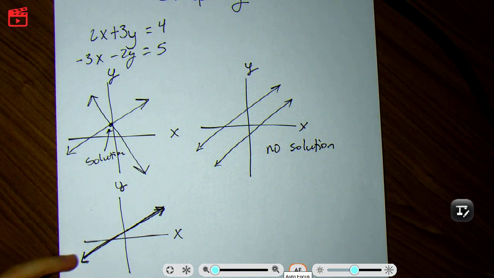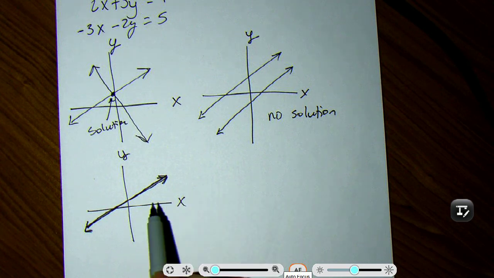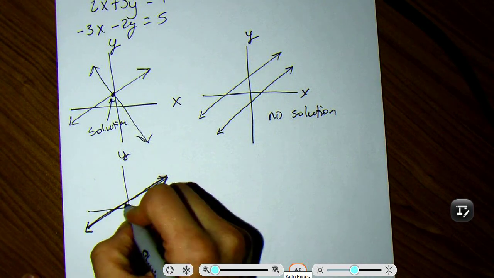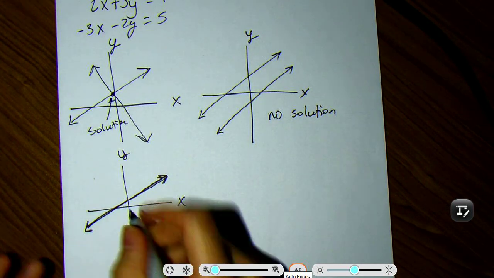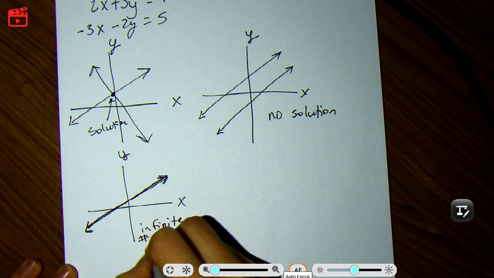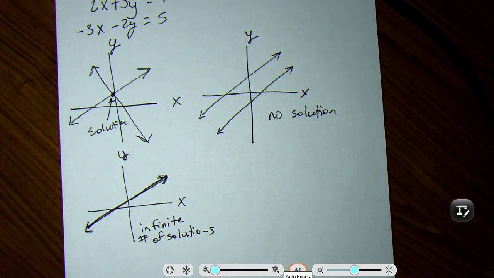You have 2, 3, however many lines, and they all end up being the same line. So if our solution is the point of intersection, this line intersects itself at every single point, so we have an infinite number of solutions. So here are the three possibilities that we have, and again, we're solving by graphing.